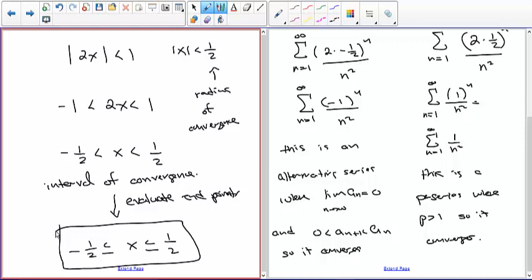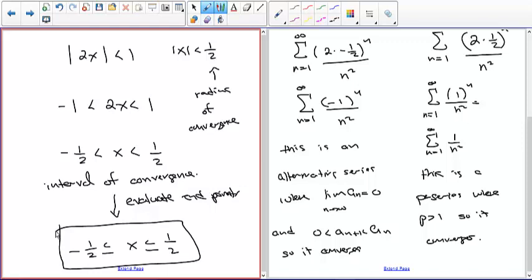So in review here, all power series are evaluated for convergence, relative to the radius of convergence and the interval of convergence, by using the ratio test. You'll end up with some value here. Sometimes it's good for all values of x, which means it's going to converge for all values of x.